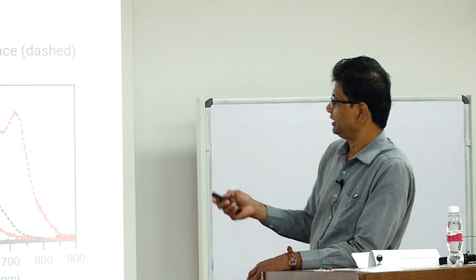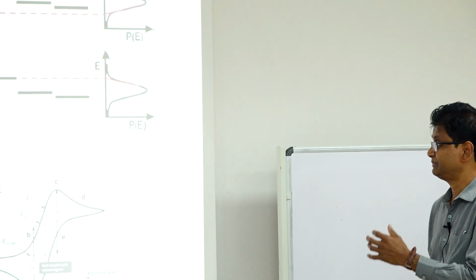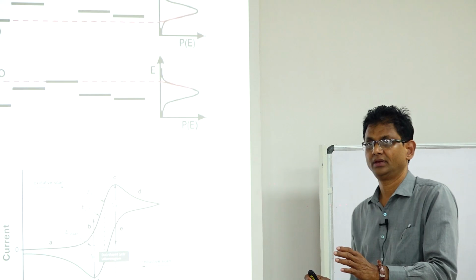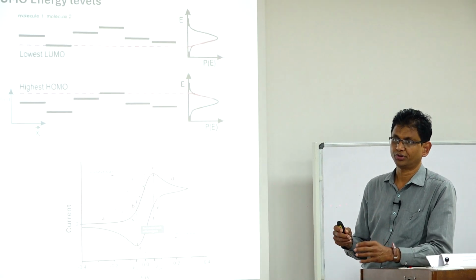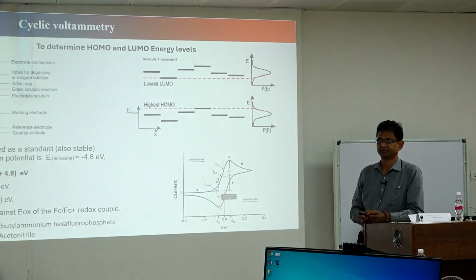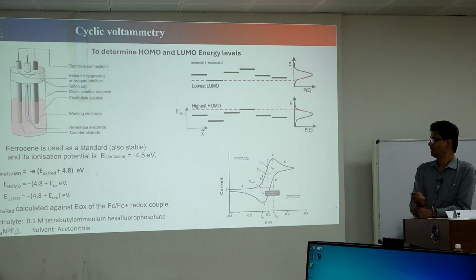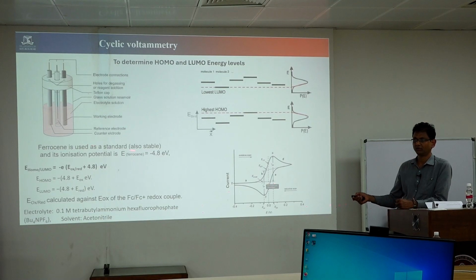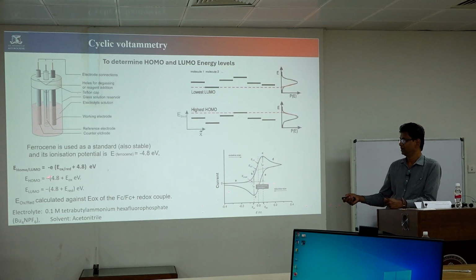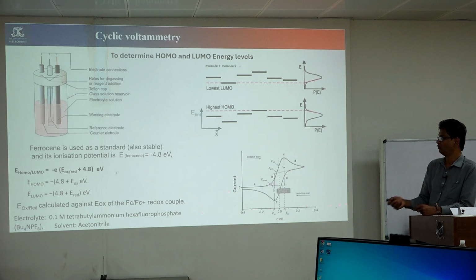Next one is CV. In the CV spectra, I will give a few published, reported ones that people already calculated. From the CV spectra, you need to find the onset. Remember this formula, you can write it down, minus 4.8. Using this formula, you have to find the HOMO and LUMO.